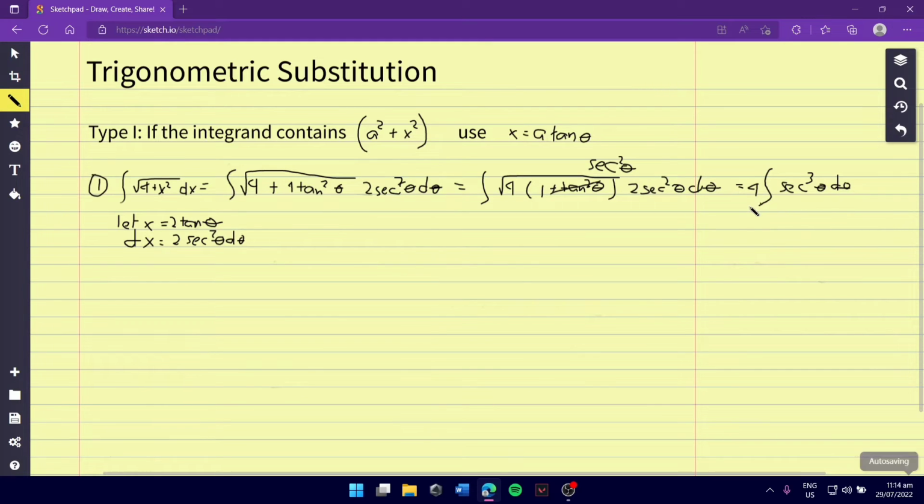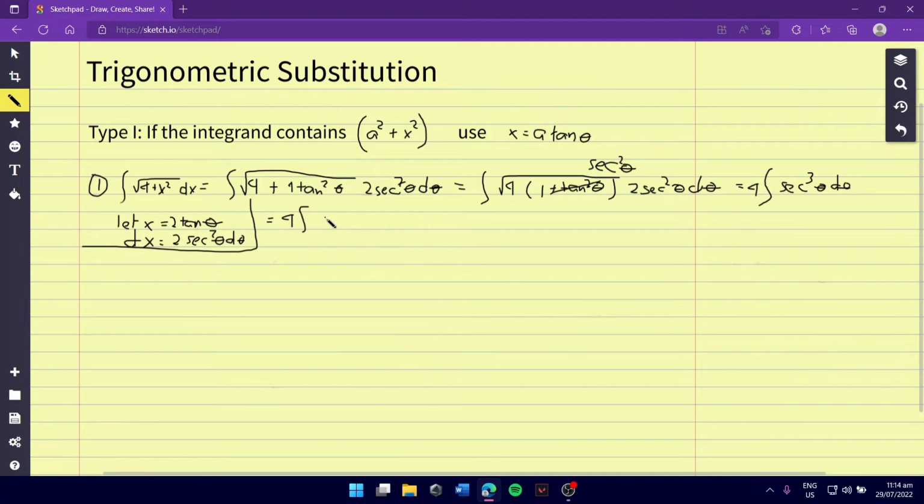Okay, so for our next step, we'll use the du and u. We will integrate it by parts. So by using integration by parts, we will separate this in order to get u and dv.